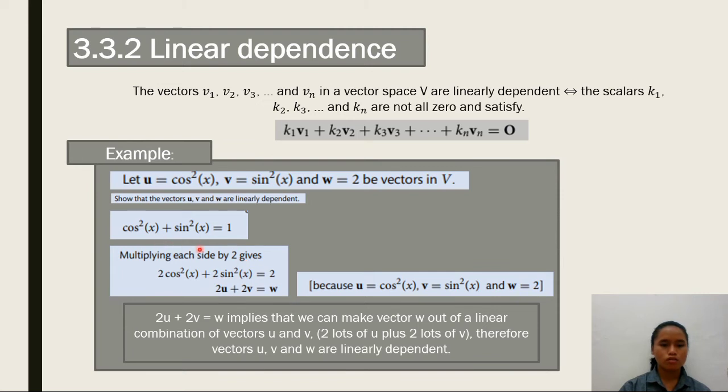From the formula we get 2 times u plus 2 times v, which implies that we can make vector y out of a linear combination of vectors u and v. So 2 lots of u plus 2 lots of v. Therefore, vectors u, v, and y are linearly dependent. So this is a linear dependence.